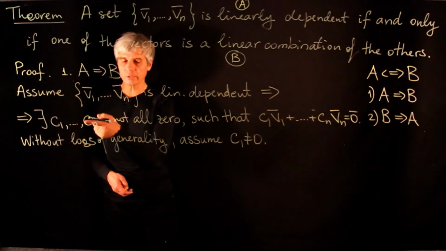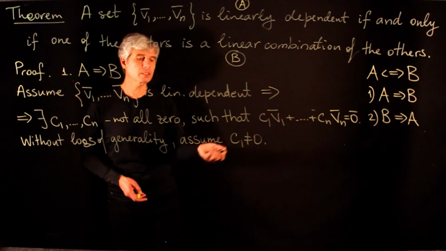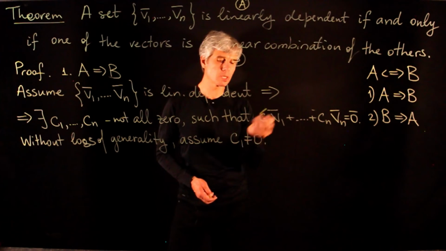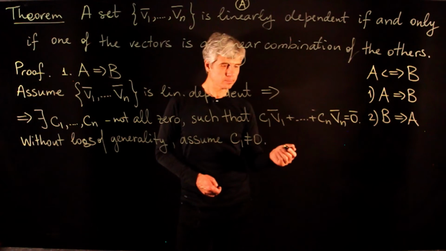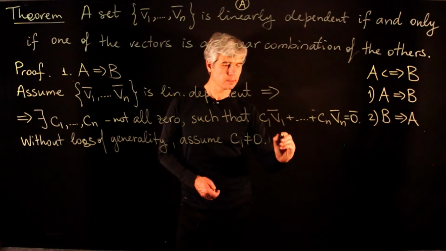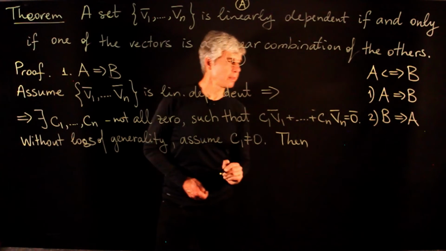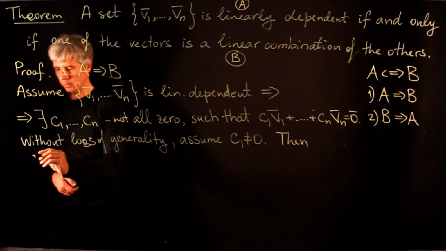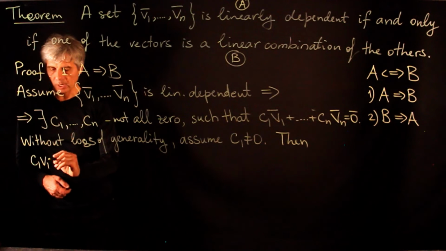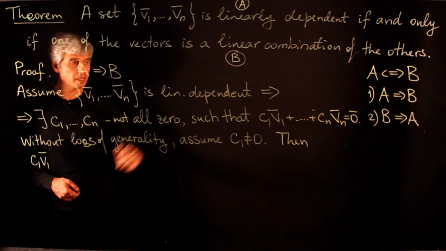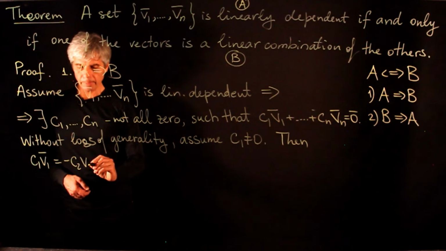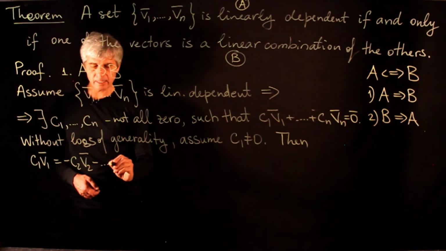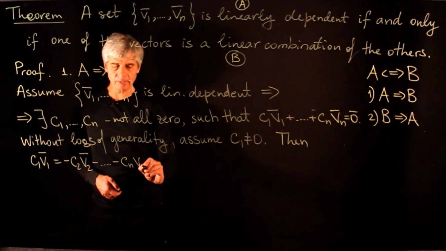We know that one of these coefficients is non-zero, so let's just assume that it's the first one. Then we can write C1 times V1, moving everything else to the other side, is equal to negative C2 V2 minus ... minus Cn Vn.